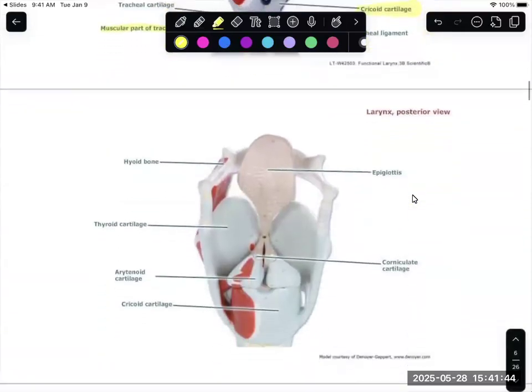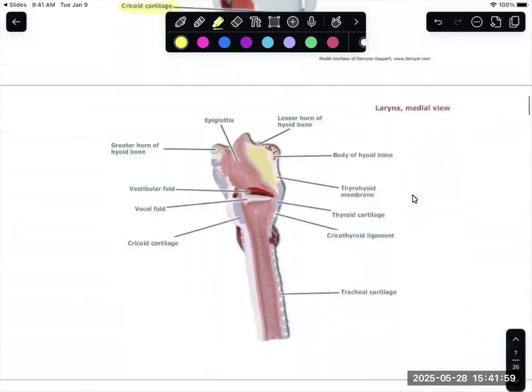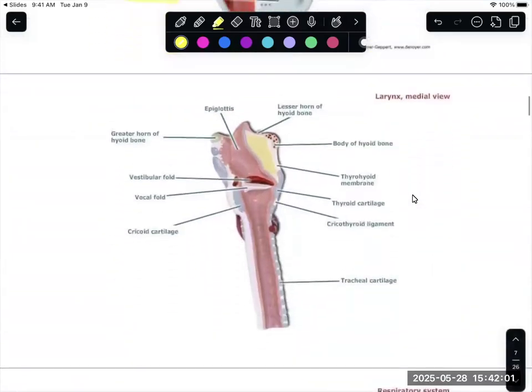So let's keep looking here. It's just another view. You can see that epiglottis really well, that hyoid bone, that thyroid cartilage, the cricoid cartilage, the arytenoid cartilage really well. So here's a side view of the trachea going down.